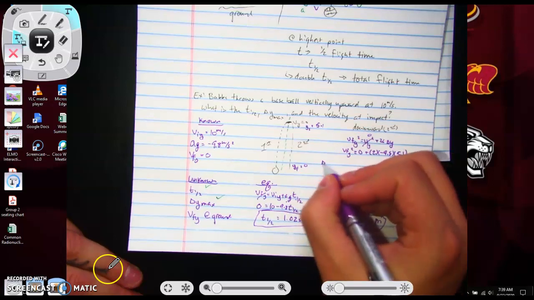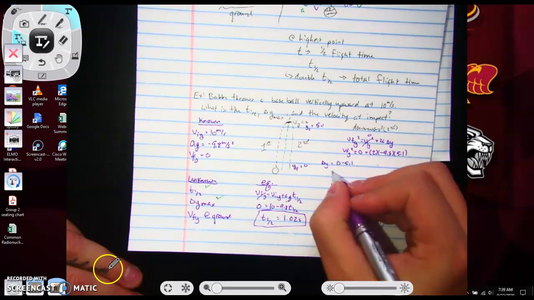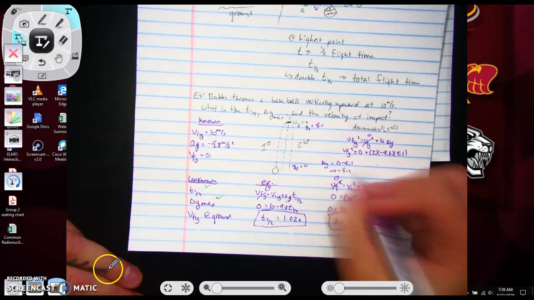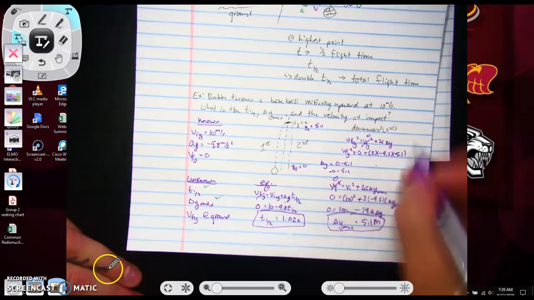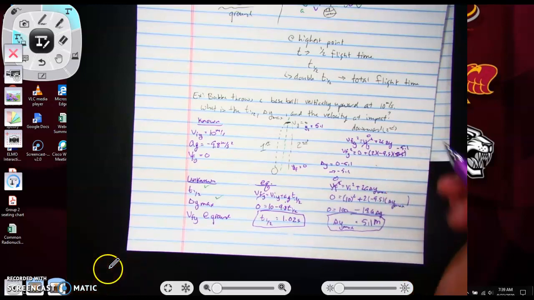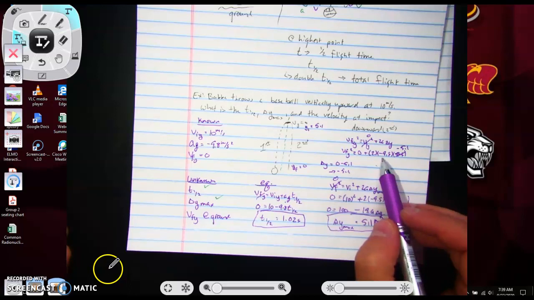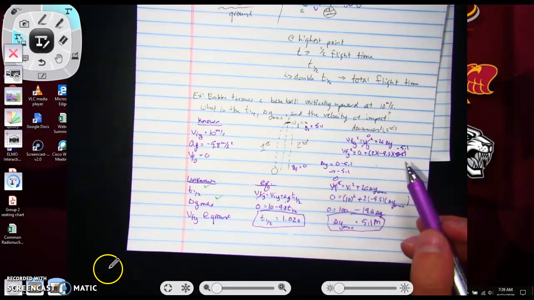So if we do delta Y, I have 0 minus 5.1, which gives negative 5.1. Sorry, this is going to get real messy. Apologize for that. So this is actually negative 5.1, which should make some sense because I need a negative times a negative, because I need a square root, and you can't square root a negative number. So anyway, 5.1 times 9.8 times 2.